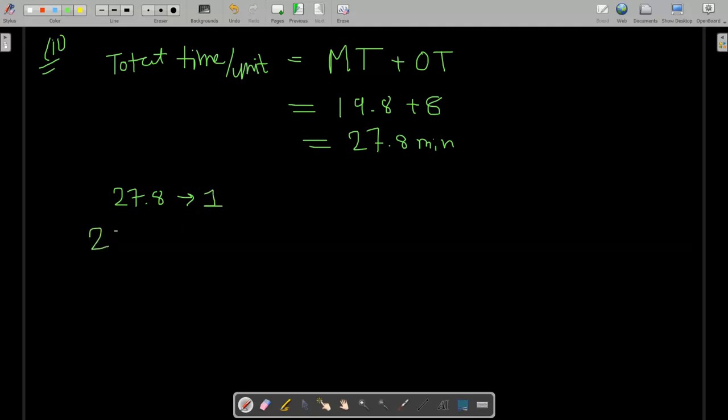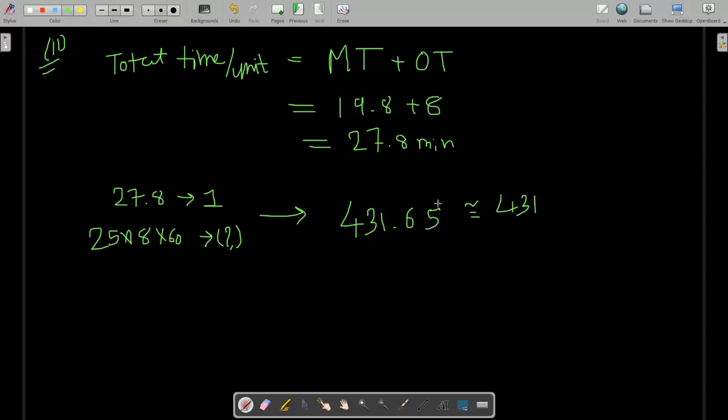So in 25 days and 8 hours per day, how many units are produced? By interpolation, you will get 431.65 units, so nearly 431. Why not 0.65?